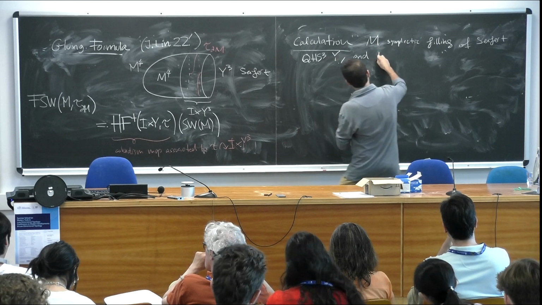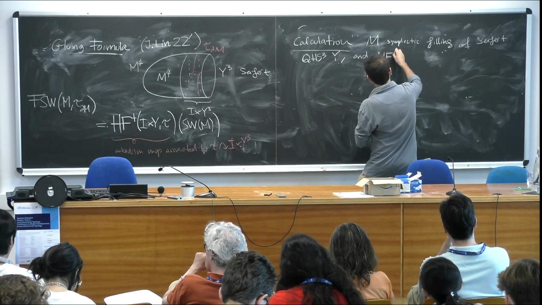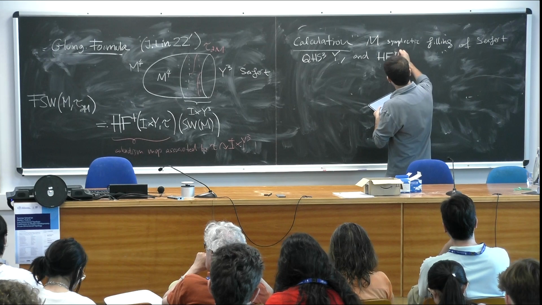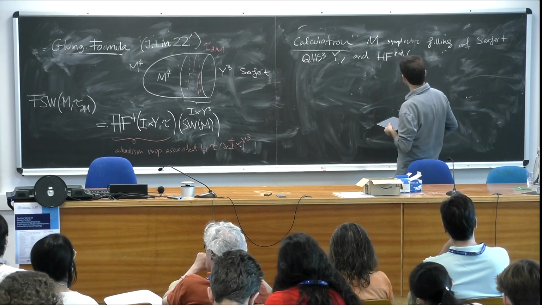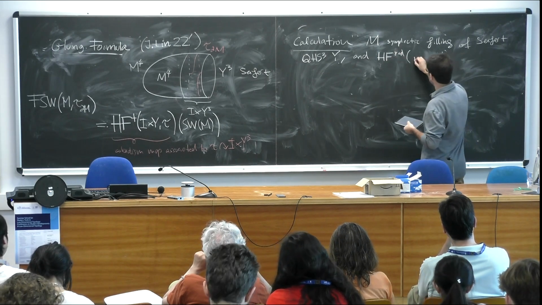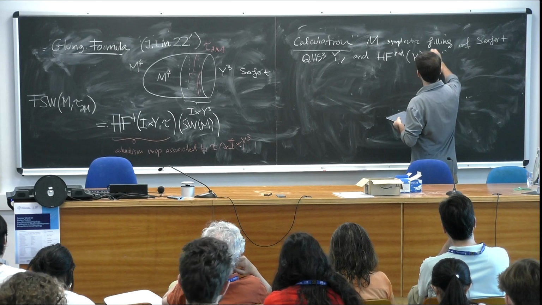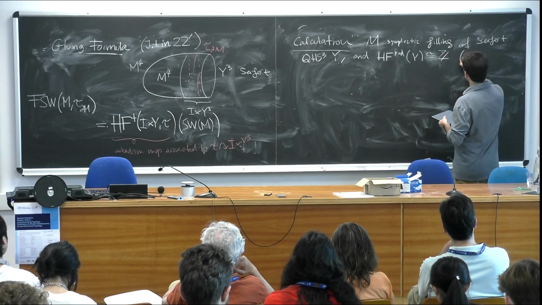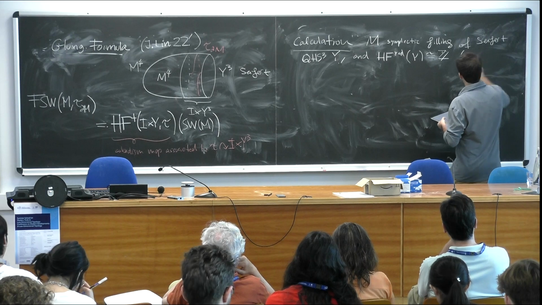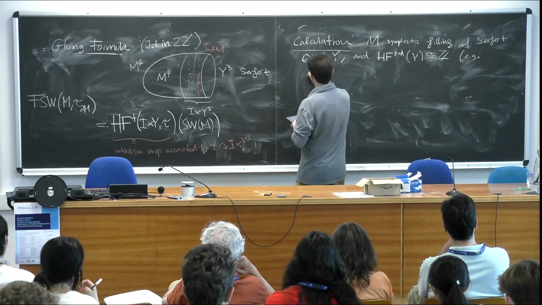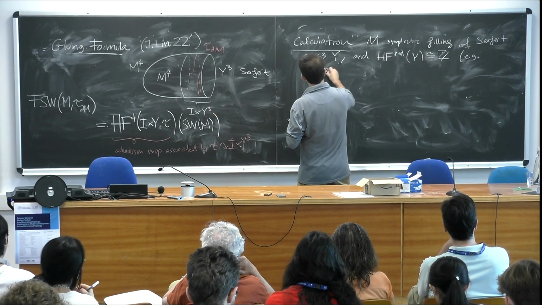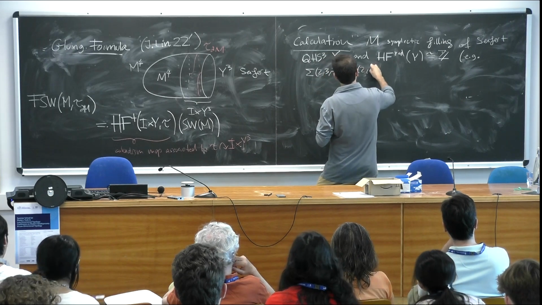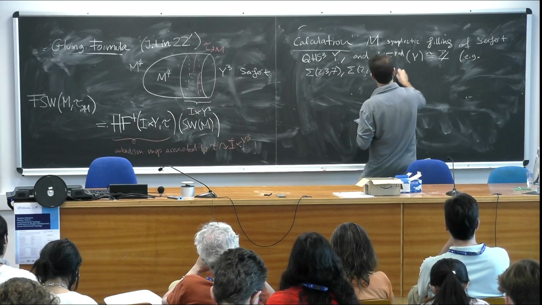And we're going to put a strong assumption on the monopole Floer homology of the three-manifold, namely that the reduced monopole Floer homology has rank 1. Examples that satisfy this property are, for instance, the Brieskorn spheres Sigma(2,3,7) or Sigma(2,3,11).